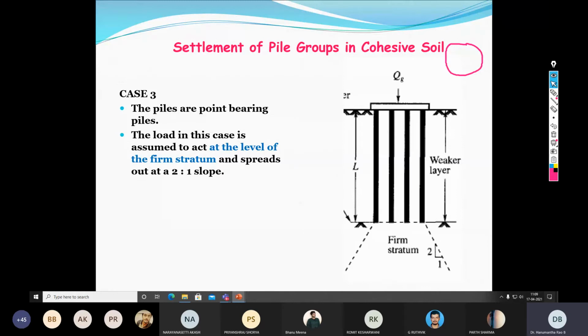It is straightforward. It will be assumed right at the pile tip. Okay, so these are the three conditions that one can normally encounter in real life.